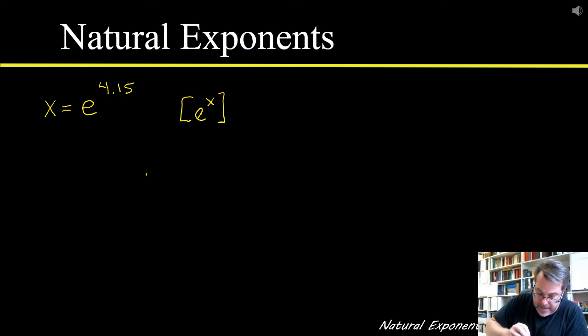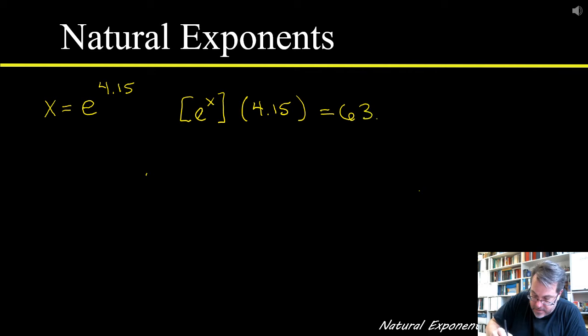So you find that key and just type in e to the x, and then type in 4.15. My calculator requires me to put those in parentheses. Yours probably does too. And when you do that and you hit the enter key, you should get 63.4. Okay. Now let's try another one.